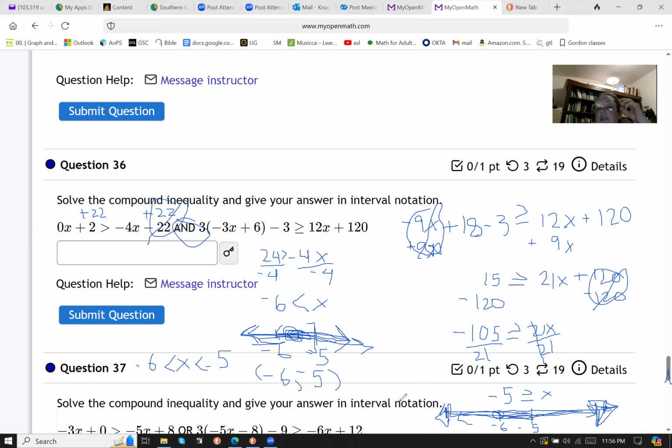So if it's an "or" situation where you're taking all of both graphs, in this problem, we see the whole number line is shaded. You can say from negative infinity all the way to infinity. Or you can write all real numbers.